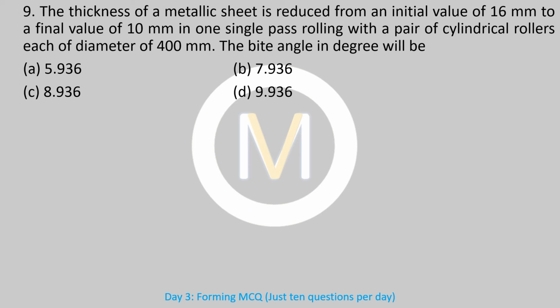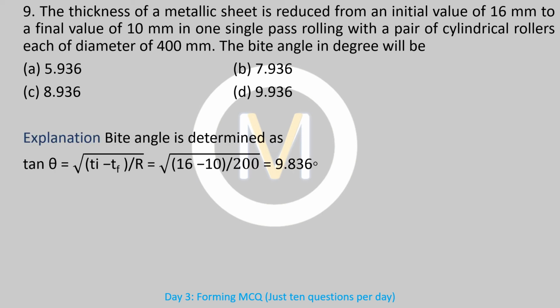Like in friction also we have the contact angle or friction angle, so mu equals tan theta. Here the bite angle is also of the same form. The formula is the same as we have seen earlier for mu, and here you take the tan theta of it to get the angle of friction.